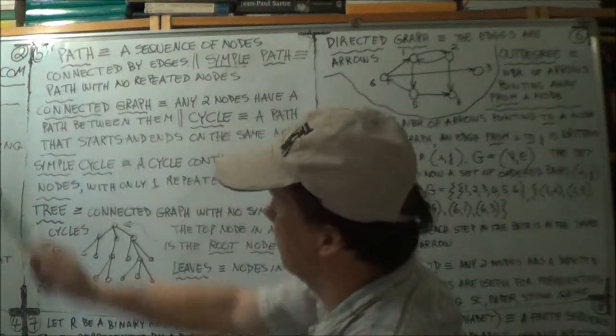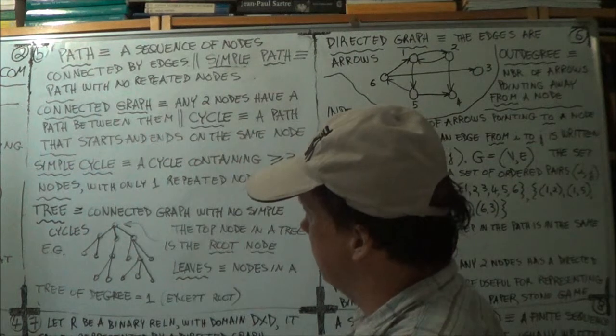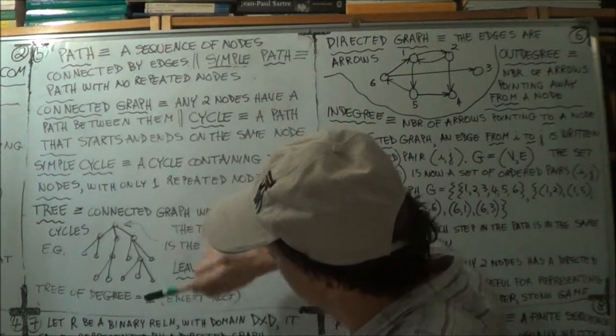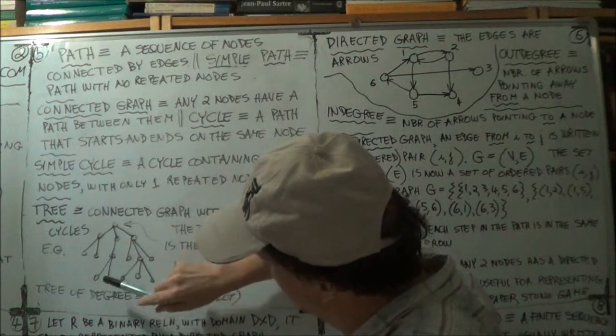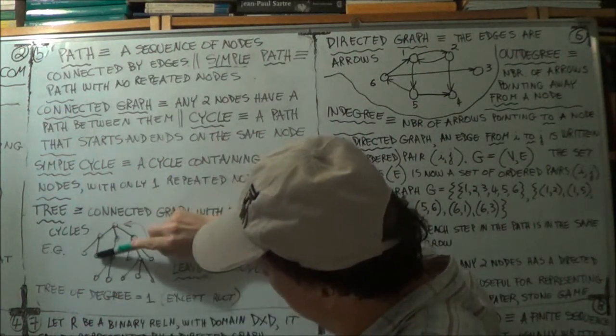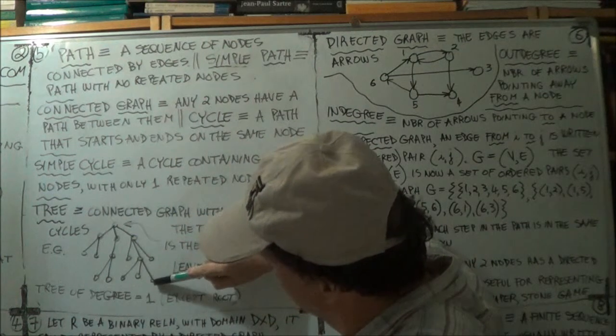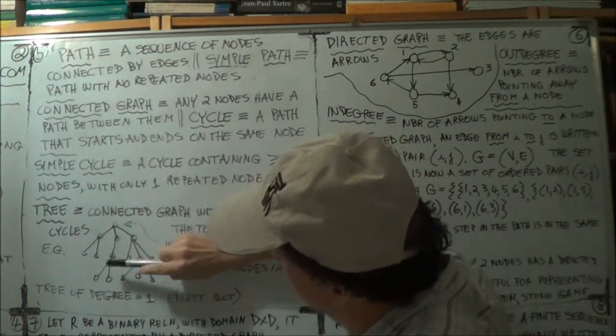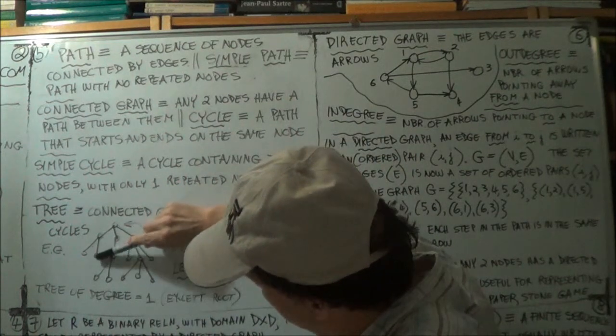Okay, so path. Well, pretty much common sense. So what is a path? Well, I'll give you an example. How would you get from this node to this node? Well, you would follow a path. So you want to get from this one to this one.